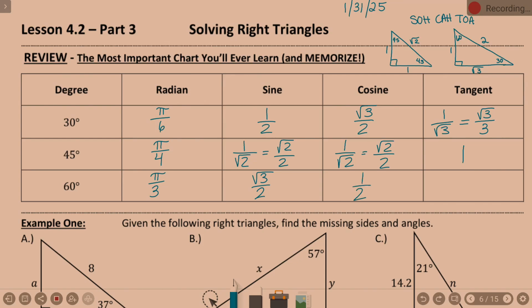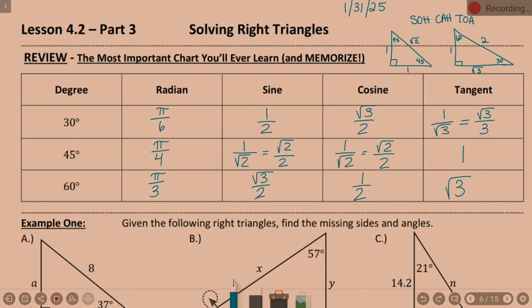So 1/2. This is from the notes from 2 days ago when I reviewed SOHCAHTOA. And tangent of 60 is opposite over adjacent, square root of 3 over 1, which is square root of 3.